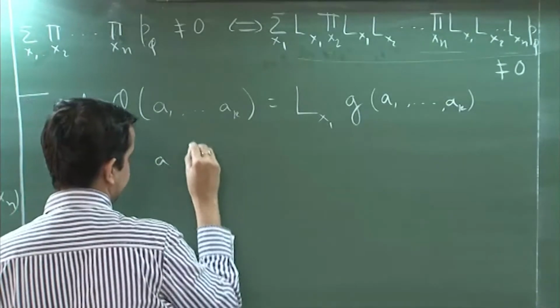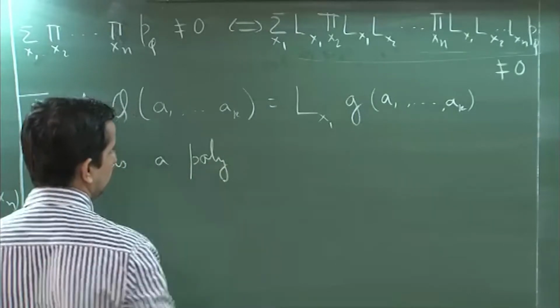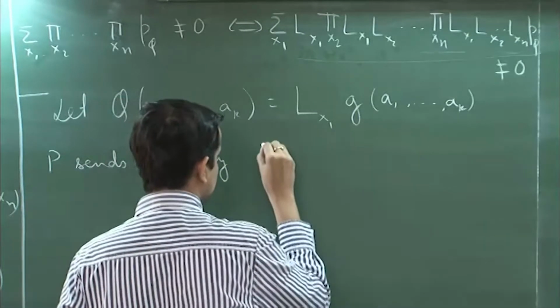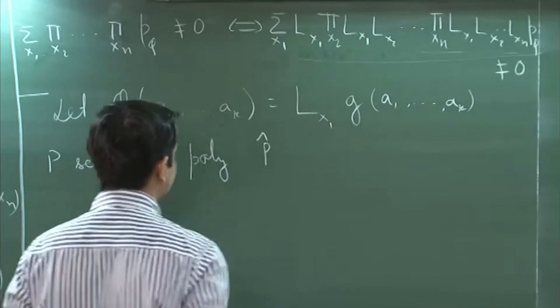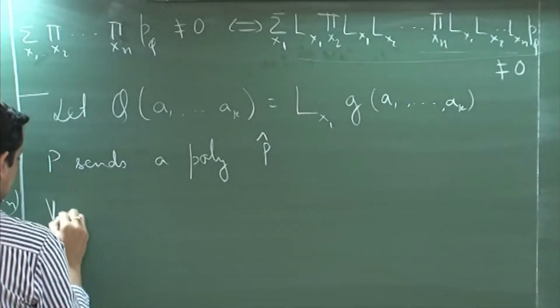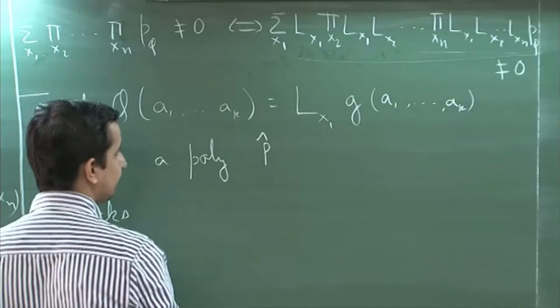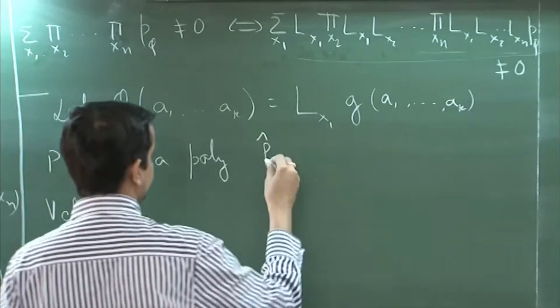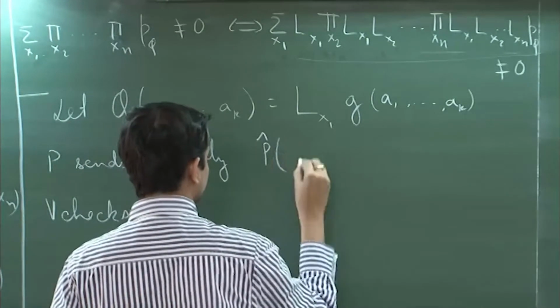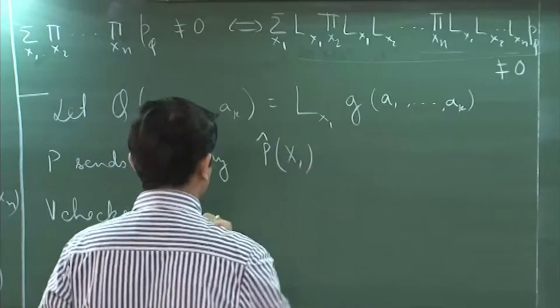Then the prover sends a polynomial, let us say P hat. We will check the following. V checks, so this is a polynomial in x1.